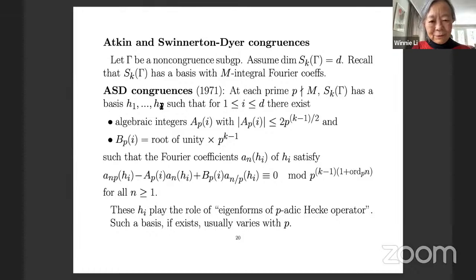D forms of them, such that for each form you look at the Fourier coefficients, and it satisfies a three-term congruence relation.